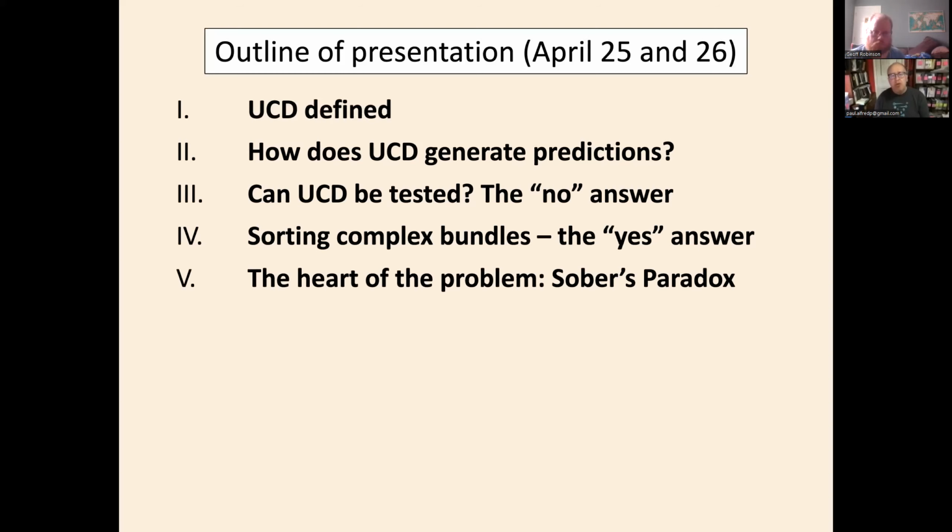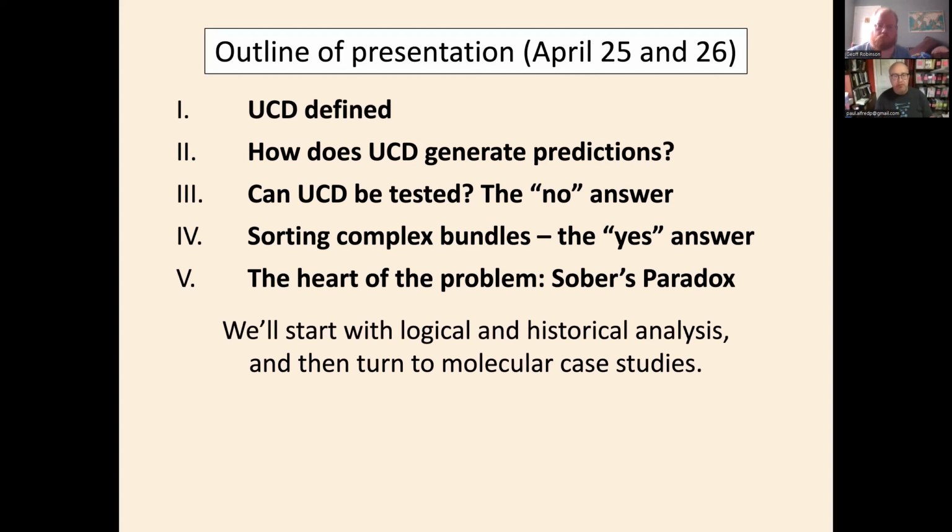And then we'll conclude with what I think is the heart of the problem, something that I'm calling Sober's paradox, from the work of University of Wisconsin philosopher of science Elliot Sober, a fascinating puzzle that really goes to the heart of how not just molecular data, but comparative data generally raise problems for evolutionary inference.